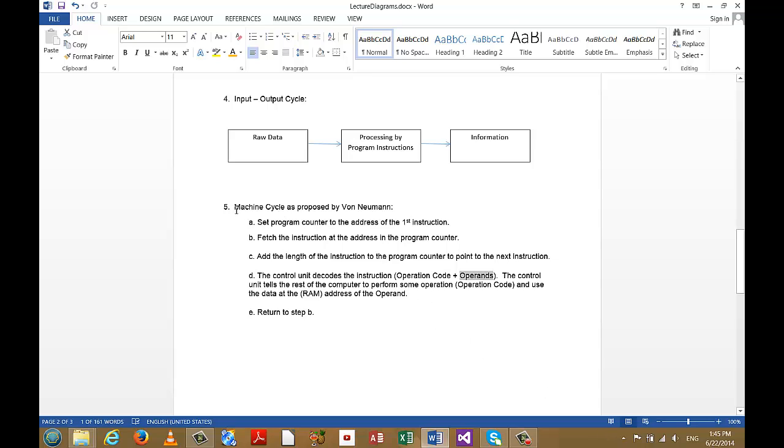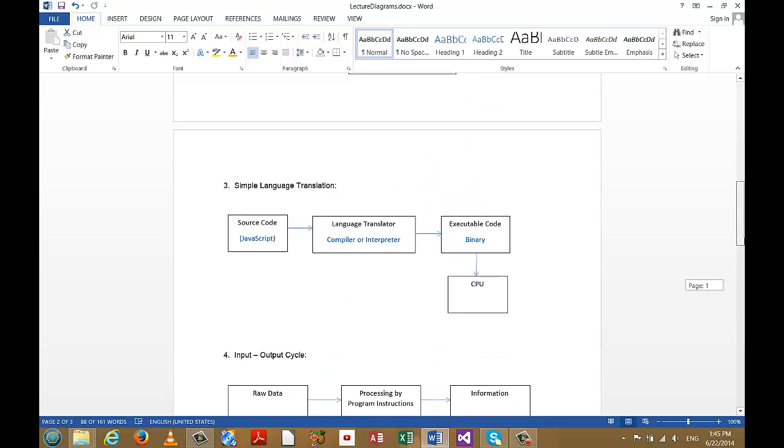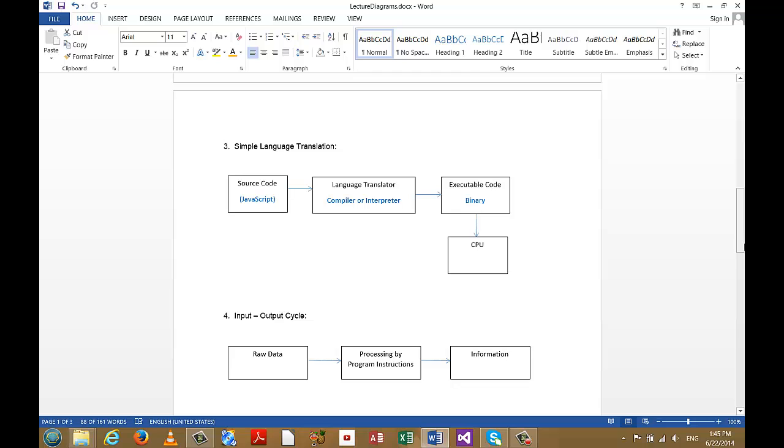This is, again, an oversimplified version, but I just want you to understand that the programs that we develop in JavaScript have to be translated into a binary format. Then those instructions, when they're executed, are going to be fetched into the CPU. They're going to be decoded. That will involve getting more data in the process to actually use with that instruction.